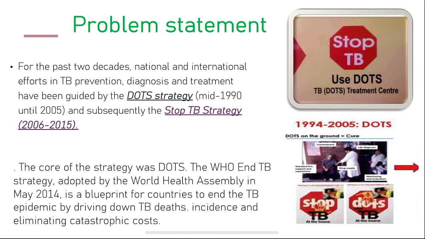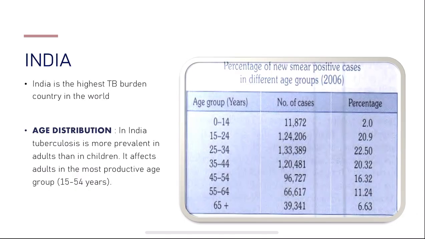When more than 20% of the household's income is utilized for the treatment, then it is considered to be a catastrophic cost. TB is a disease which results in catastrophic cost. So there is a blueprint which is given to the countries so that they can reduce the catastrophic cost, the incidence and the TB deaths.